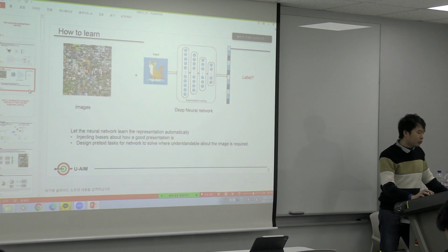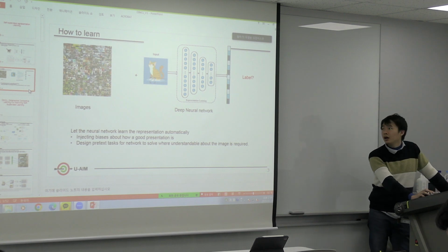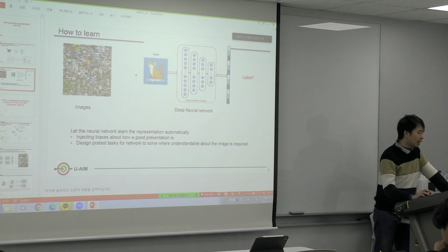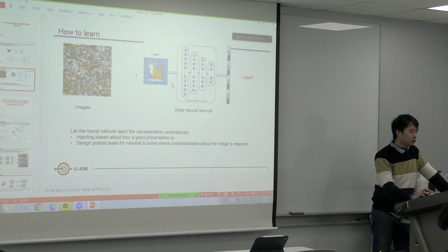And how can we learn the representation in the setting of self-supervised learning? Self-supervised learning means that we don't have labels for the data. We have a bunch of images, and we use the images as the input, and we try to learn the representation.